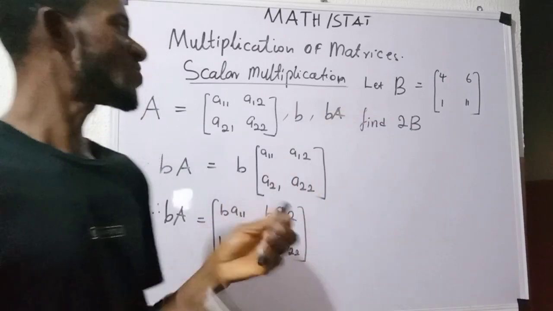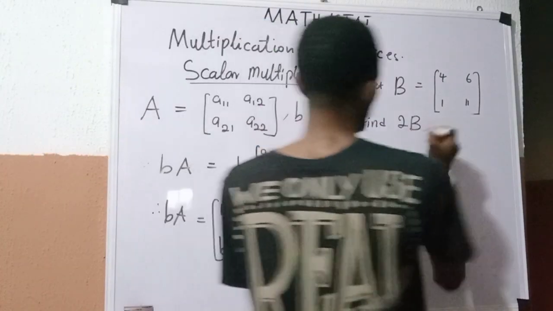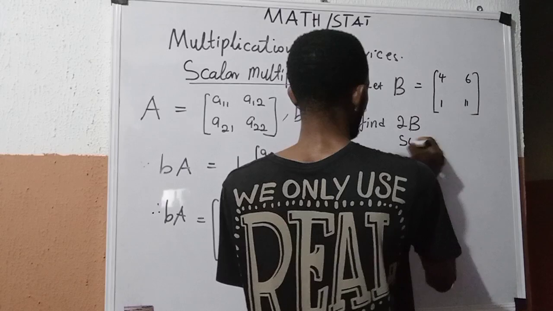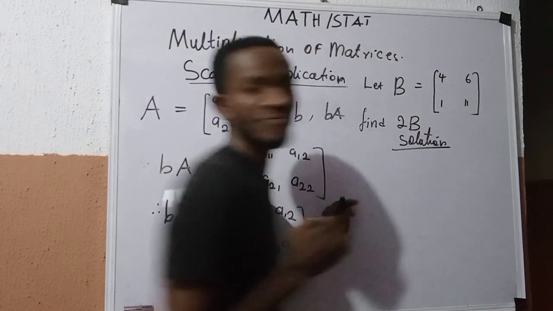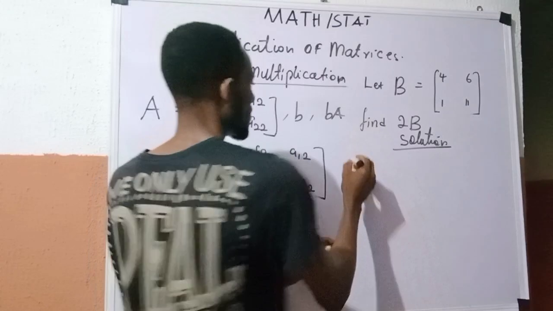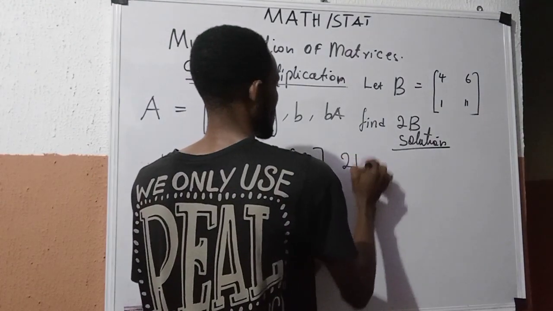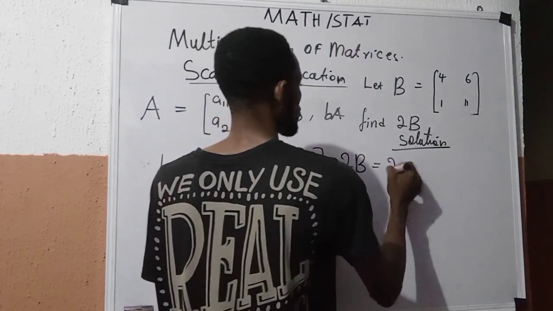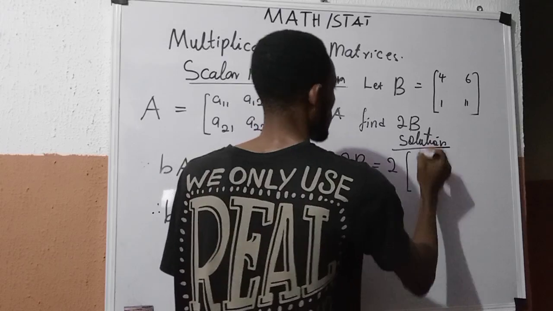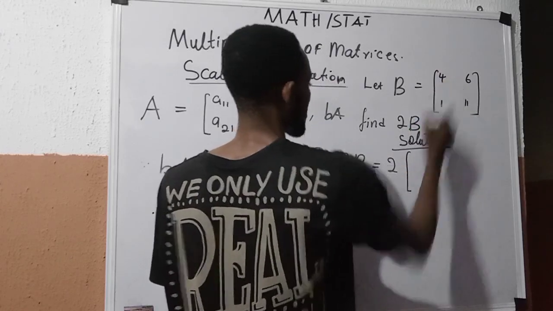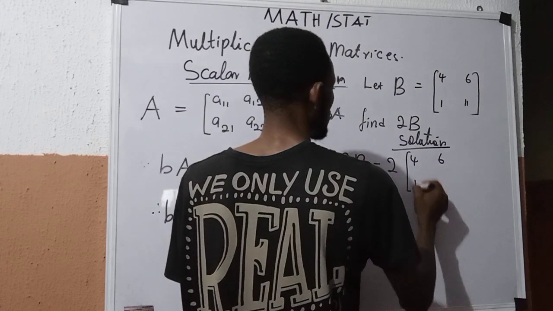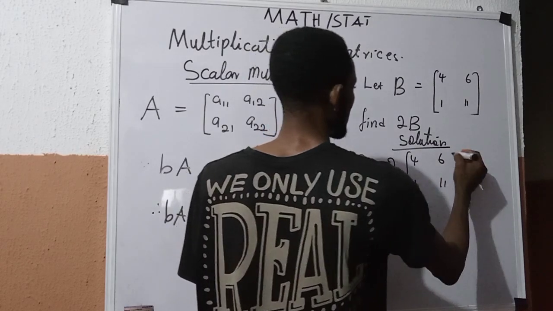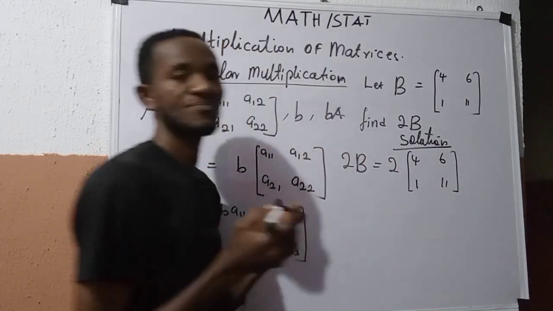So to multiply this, we say, as a way of solution, that 2B equals 2 times our B, which has been defined as 4, 6, 1, 11. I close it this way.